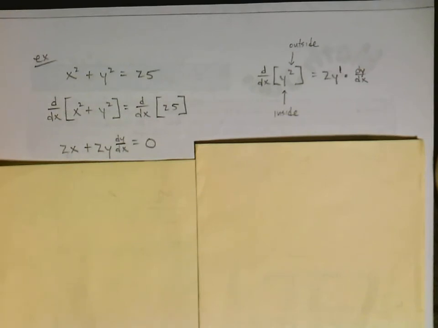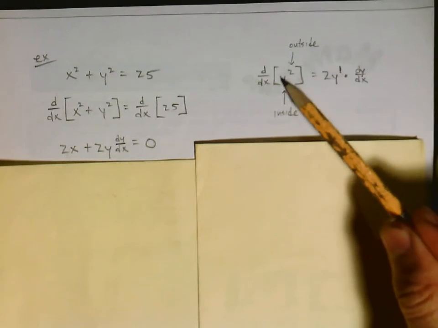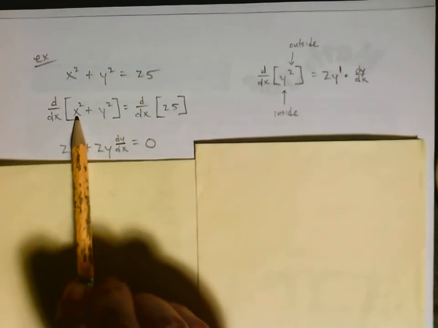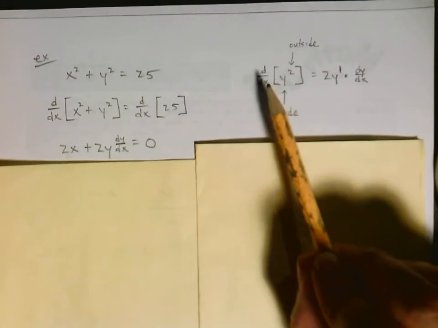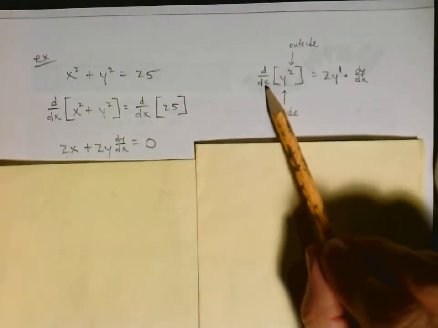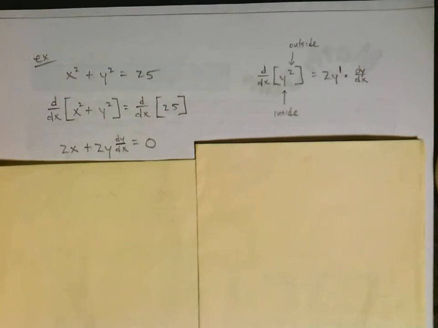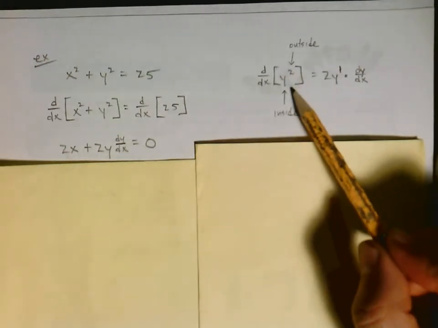Why do we have to think of it as a chain rule? Because it's not the variable x here, it's a variable y. If it's the variable x, then it's the same derivative that we know and love, right? Just 2x. But when it's a variable other than this one, then we've got to think there's something else happening here. There's a chain rule.